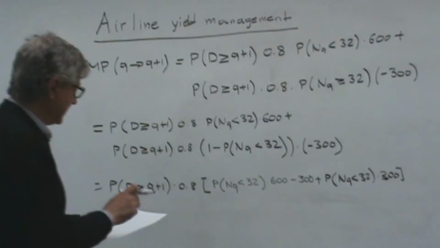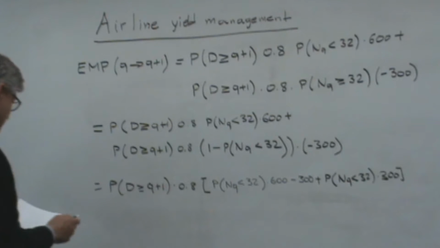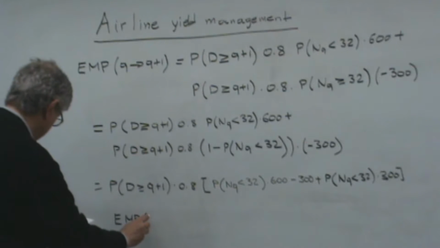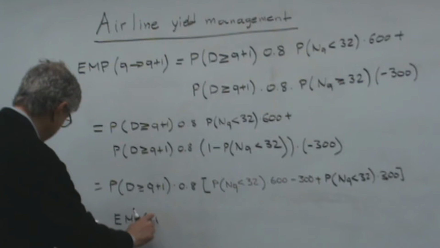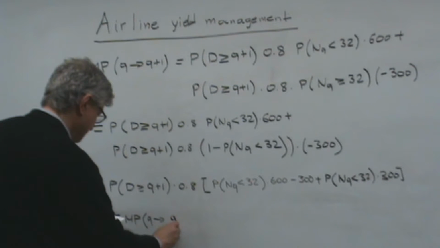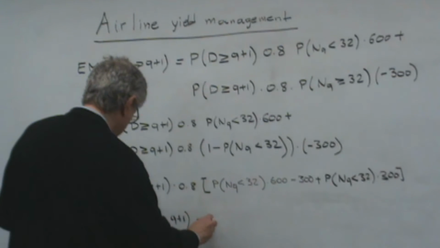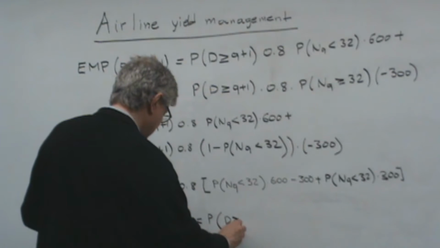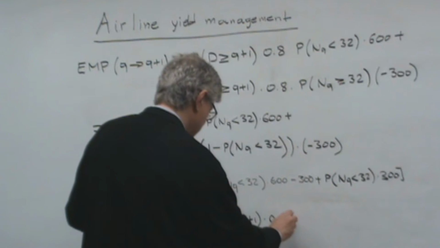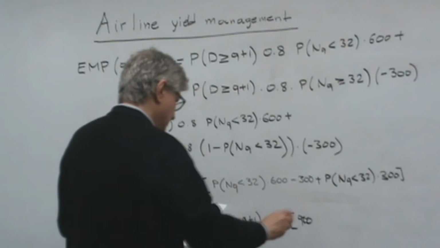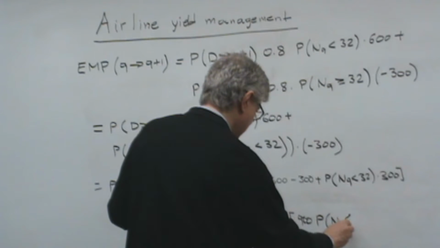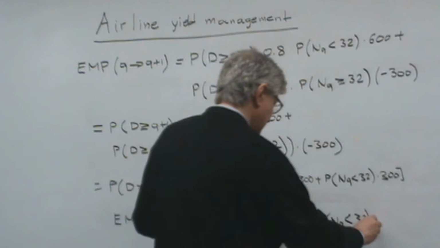Okay, and if we combine the terms to get a concise expression, the expected monetary profit from increasing the quota by 1, going from Q to Q plus 1, is equal to the probability that the demand is greater than or equal to Q plus 1, times 0.8, times 900 times the probability NQ less than or equal to 32, minus 300.